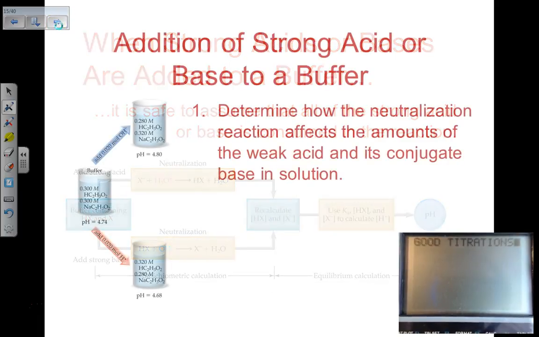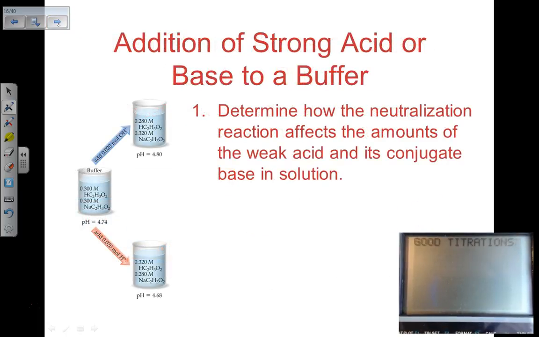This is another visualization of what happens when you do a titration. Here's your buffer solution right here, and then they add 0.02 moles of hydroxide. That raises the pH by 0.06 units.